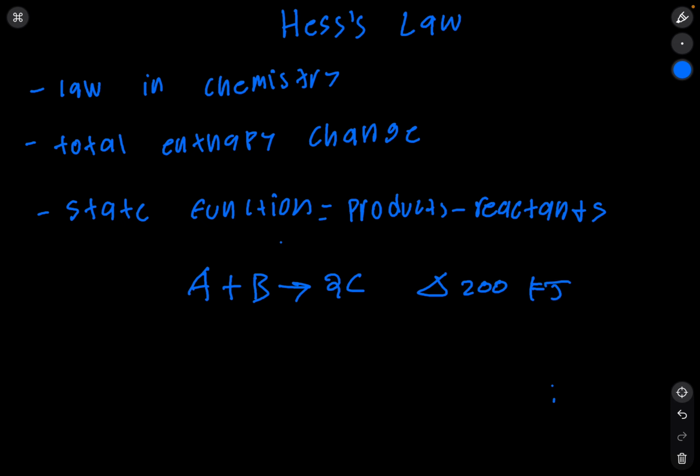Essentially, according to Hess's law, if we calculate the enthalpy for each individual element, the formula is the summation of the moles times the products, minus the summation of the moles times the reactants.